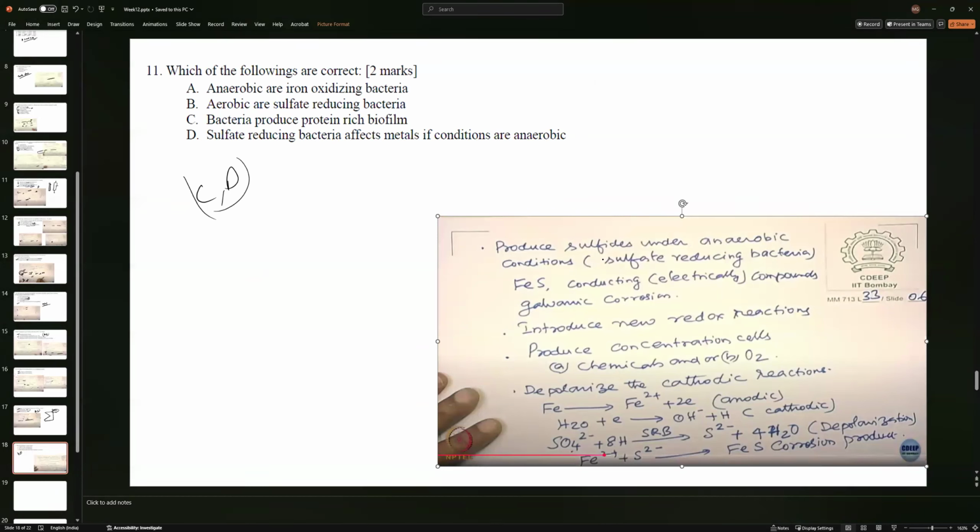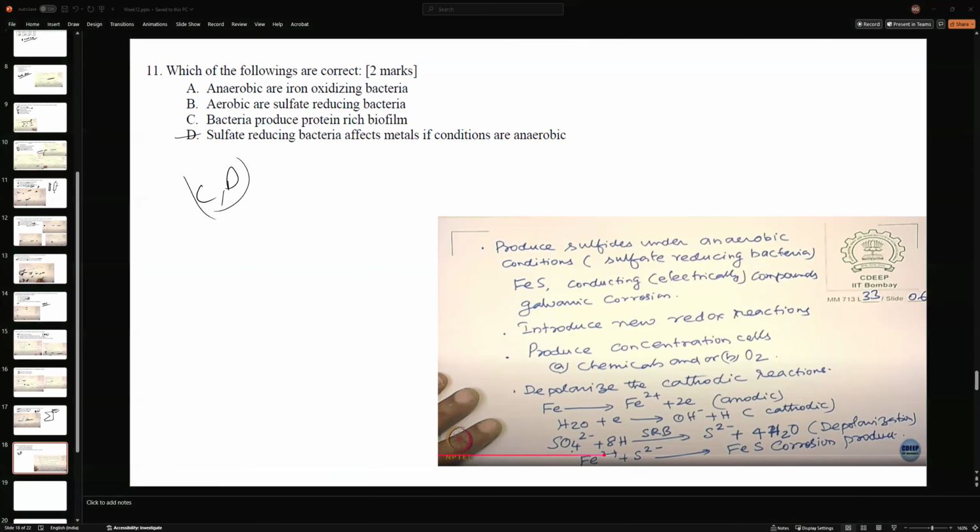Produce sulfides under anaerobic conditions. Protein rich polymer.